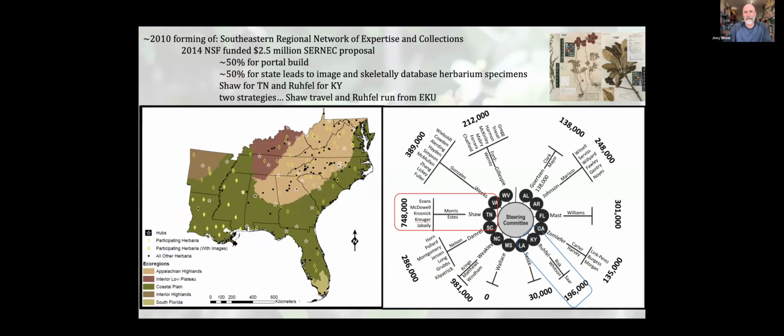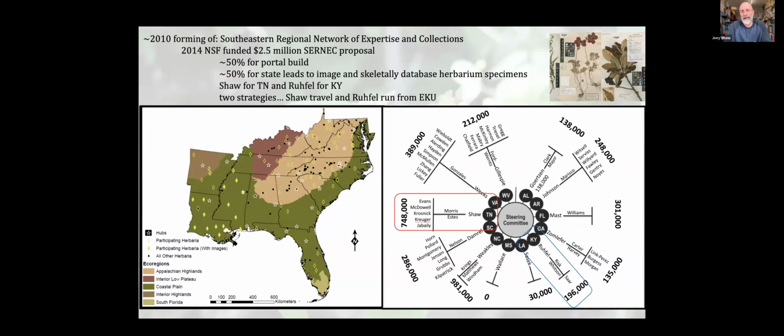About 50% of those funds went towards the familiar SERNEC portal build that all of us know and use. About 50% were spread out among the state leads and were used mostly to hire student labor to do the imaging and skeletal databasing of label data.